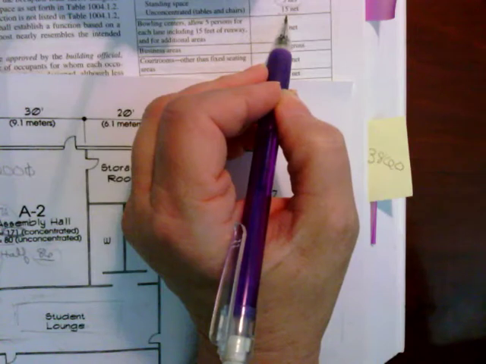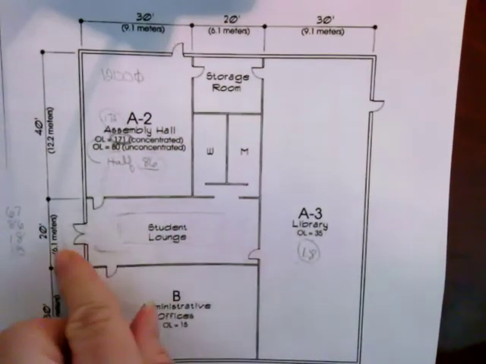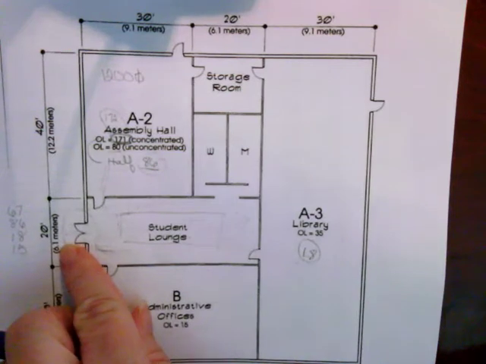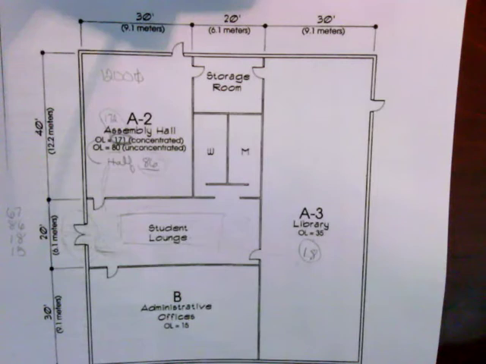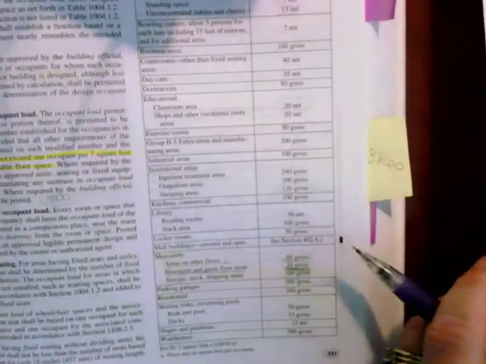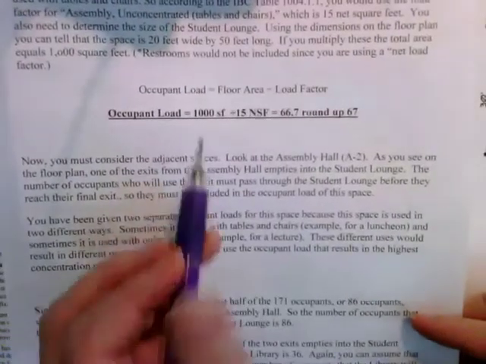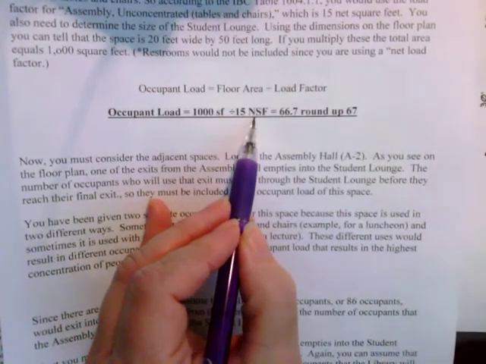You also need to determine the size of the student lounge. If we go back, we know that it is 50 by 20. If you multiply these, this is how you figure out your area. So 50 times 20 is 1,000 square feet, divided by 15, since we have some movable tables and chairs.